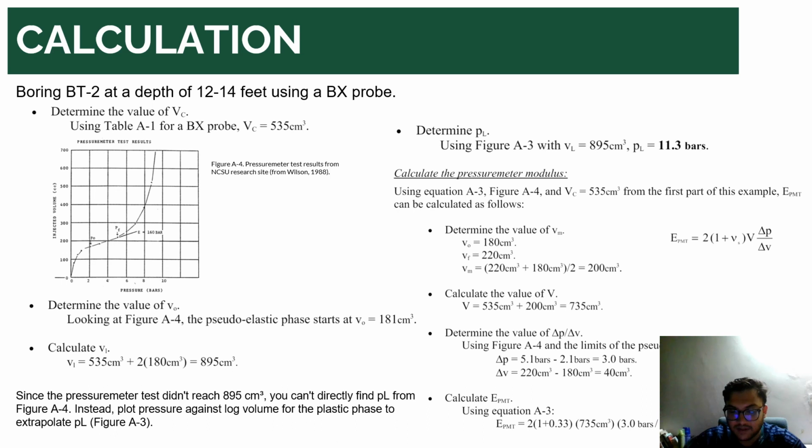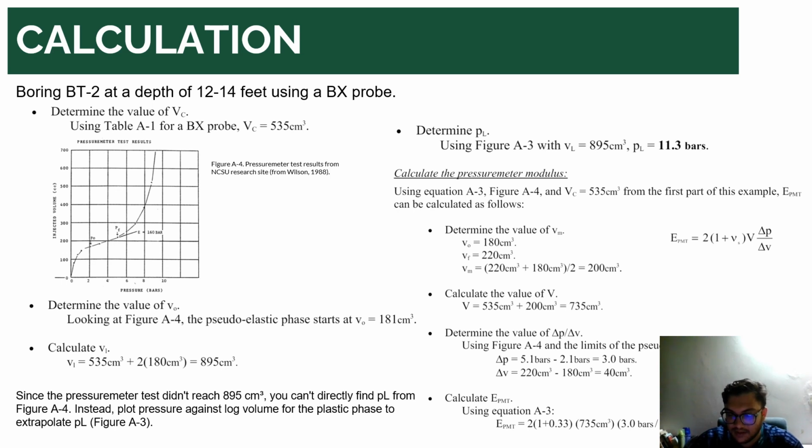Then, for this calculation, as an example, let's consider a pressuremeter test from the NCSU research site, where the test was conducted using a BX probe at the depth of 12 to 14 feet.